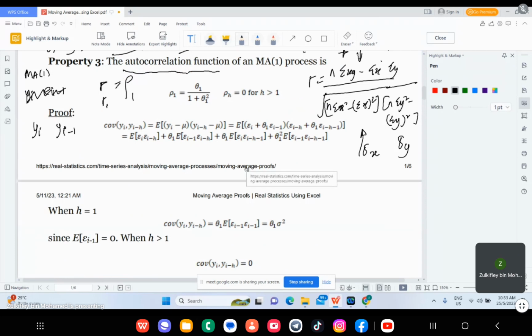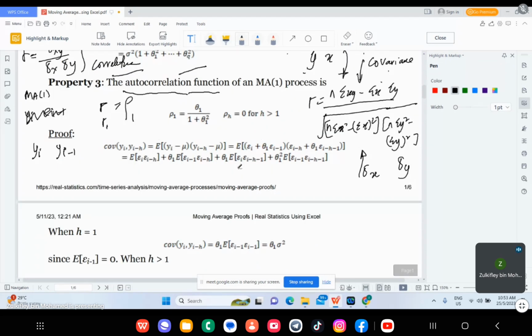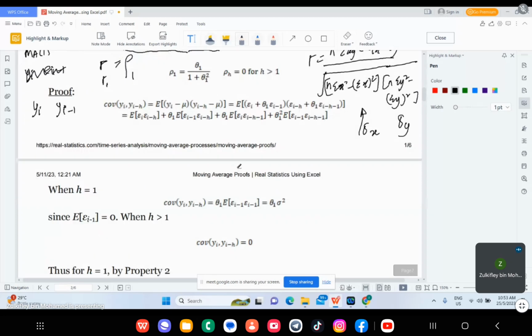So for MA1, the autocorrelation involves Yi and Yi minus 1 and Yi minus 2.